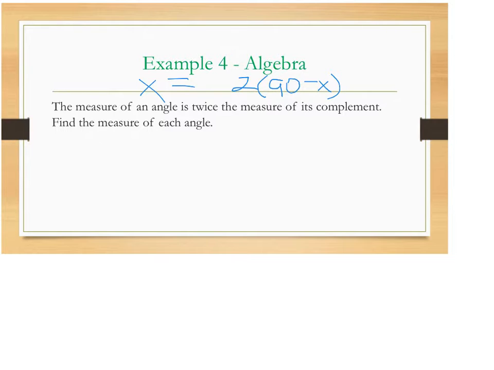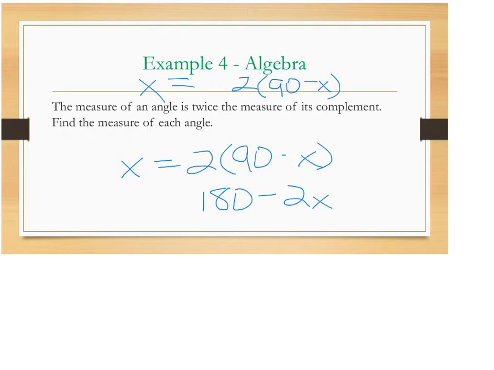So here goes my problem. X equals 2 times 90 minus x. I'm going to distribute. I'm going to move the 2 over, add it to both sides. I get 3x equals 180.